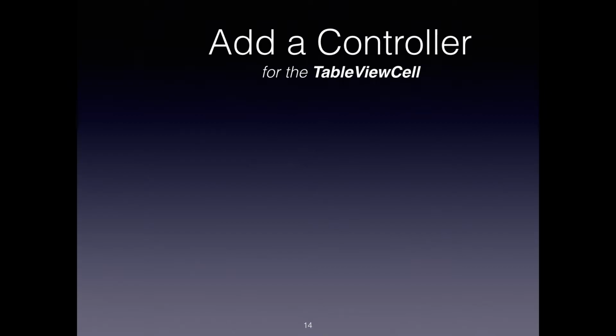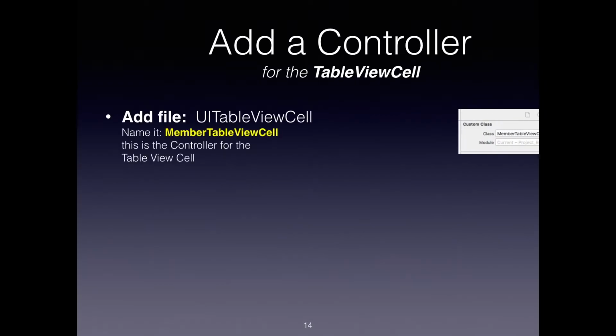But basically, you're going to wind up doing what you do in the UI view. You're going to drag and drop from your custom labels or whatever images to your controller, and that way your controller will know what to call those fields and how to update them in the cell. So we need to add a new file to the TableView controller, update the class name in the identity inspector, and change the style to custom.